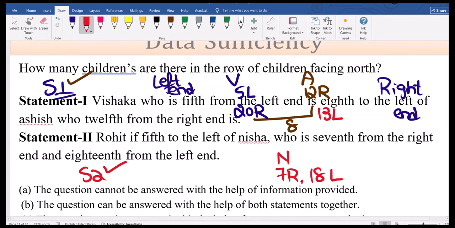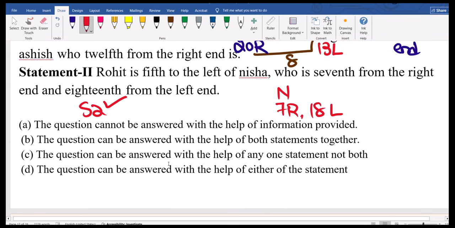Rohit's data is mentioned just to confuse you people. Don't worry about Rohit's data. We clearly have Nisha: 7th from the right end, 18th from the left end. Total will be 7 plus 18 minus 1, which is nothing but 24. So 2 alone is also okay. 1 alone is also okay. Answer will be either.